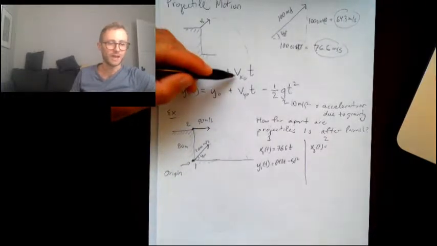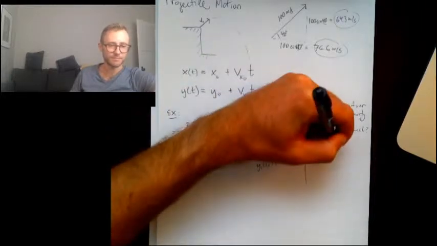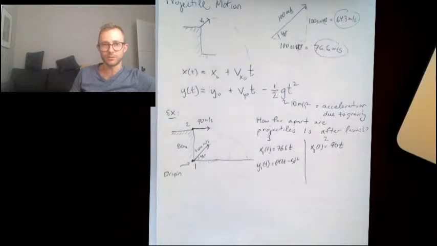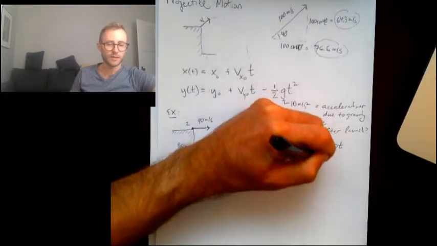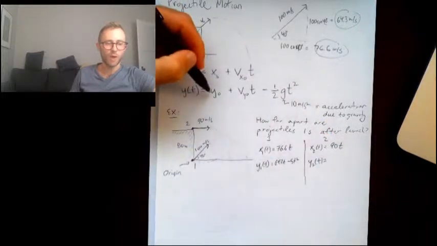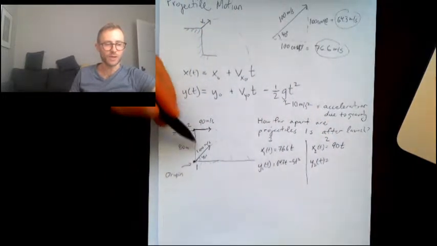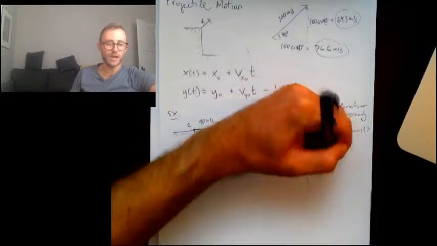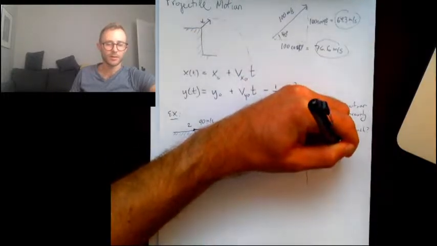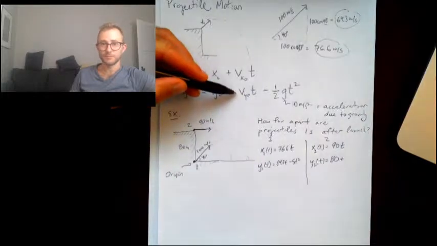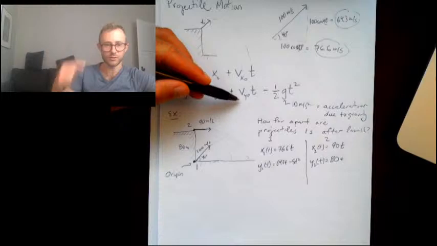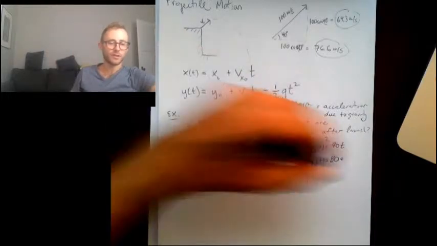Okay, so we have vx naught equals 90, and vy naught equals 0. And then the y2 of t, now what is the y naught of the second projectile? Well, it's launched 80 meters above the other one, so it's going to be 80 plus 0, okay, because vy naught is 0 if you have a horizontal launch, minus 5t squared.